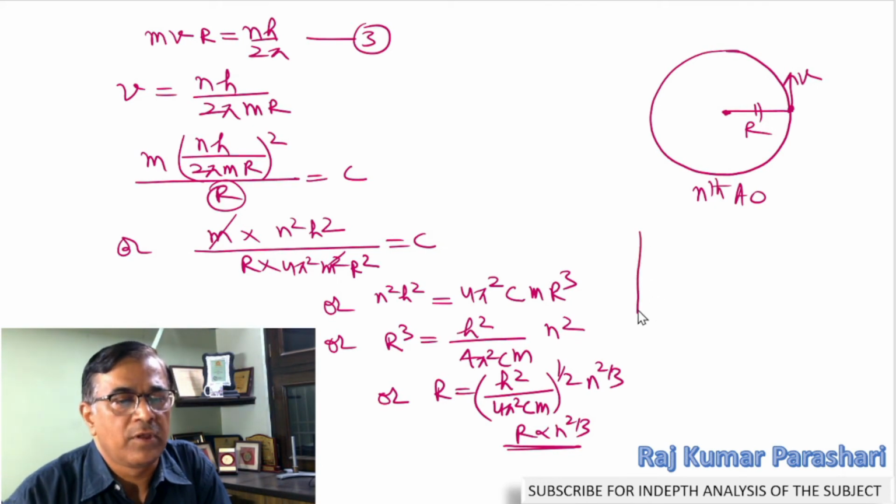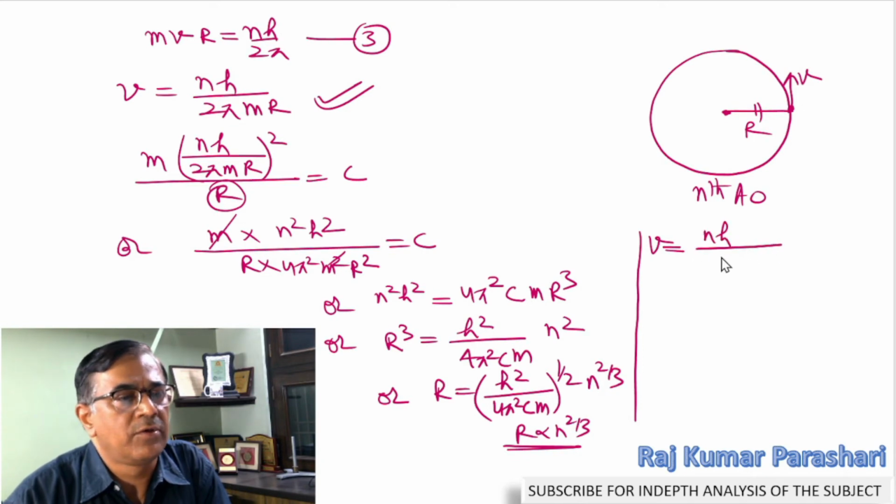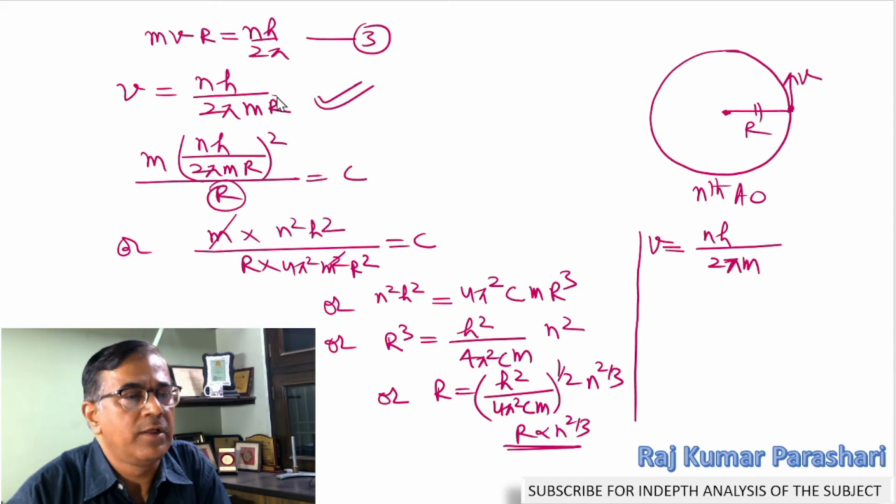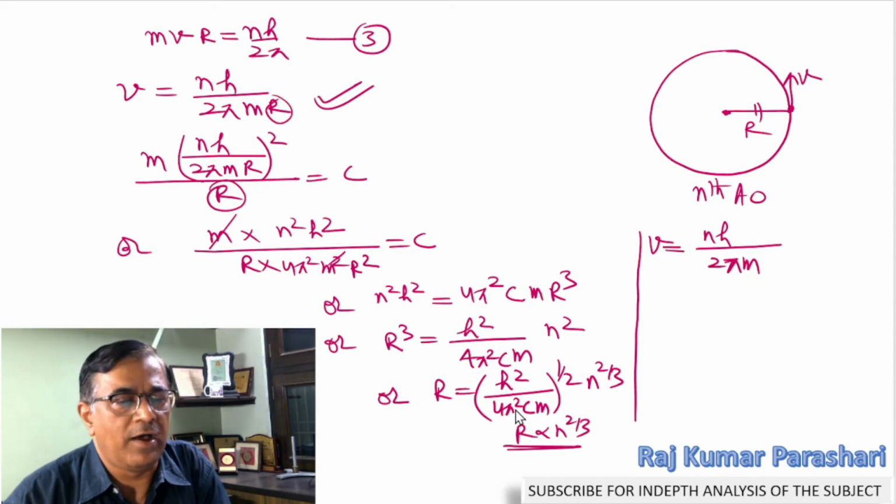Further, if I substitute this value of R in this relation, let's see what I get. The velocity in the nth allowed orbit is given by nh by 2 pi m into R. Let's substitute the value of R over here.